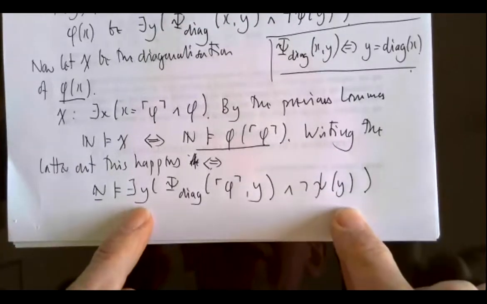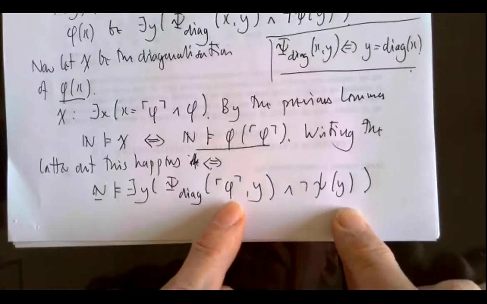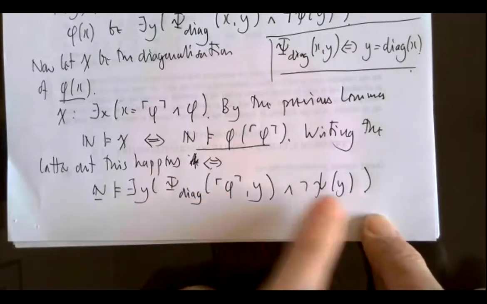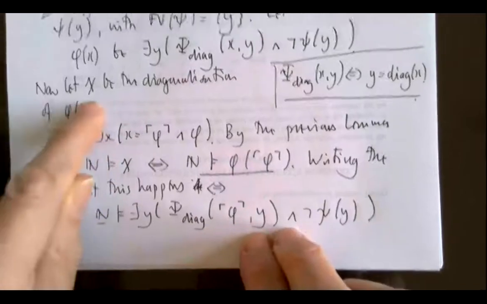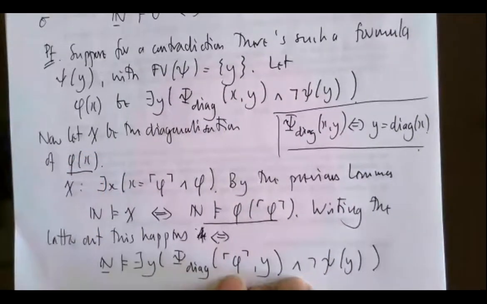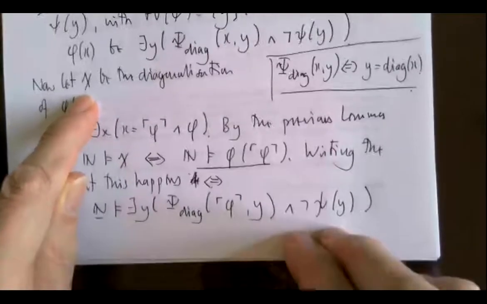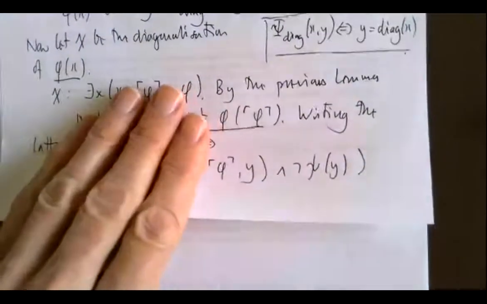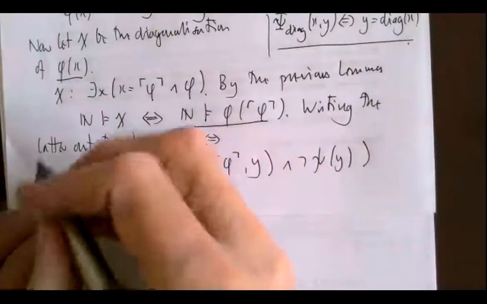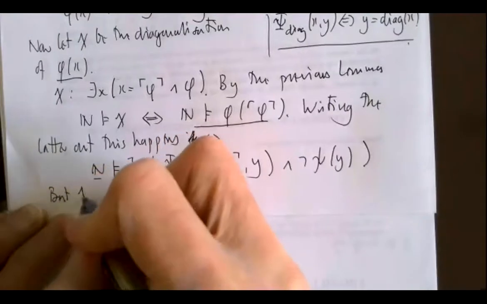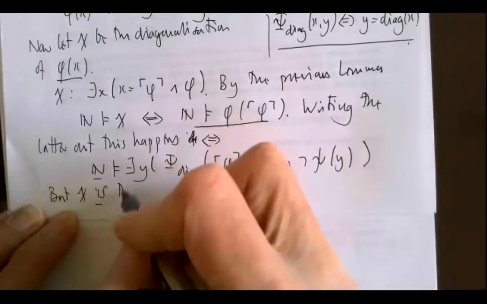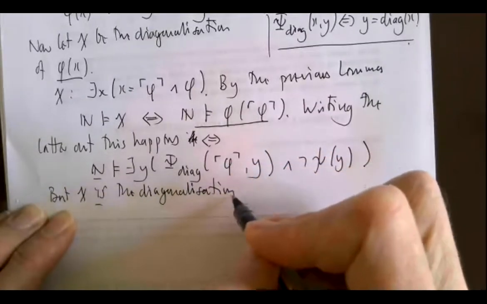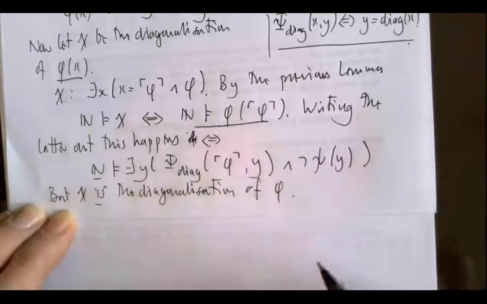So what does it say? There is something, it's the diagonalization of the formula with its code, and not psi y. But chi is the diagonalization of phi. So this y that's being referred to here actually is the code number of chi. So chi is the diagonalization of phi.